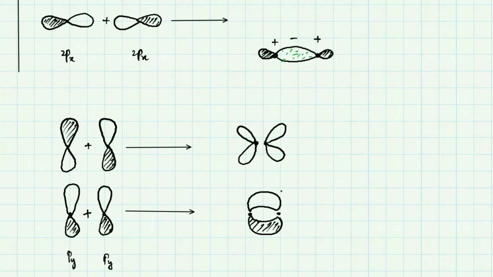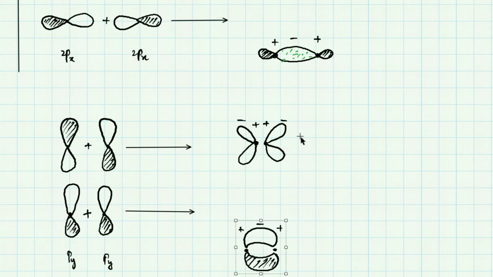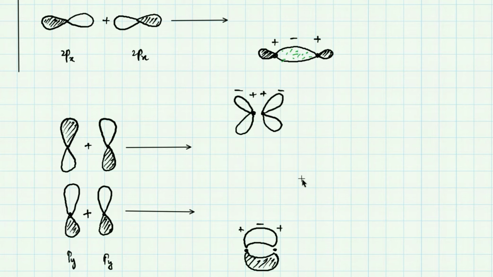Now here again we have positively charged nuclei and negatively charged electron density in between them, and here two positively charged nuclei are approaching each other, with electron density away. So as a result, the energy of the system here will be lower as compared to the atomic orbitals, and the energy of the system here will be higher as compared to the atomic orbitals.